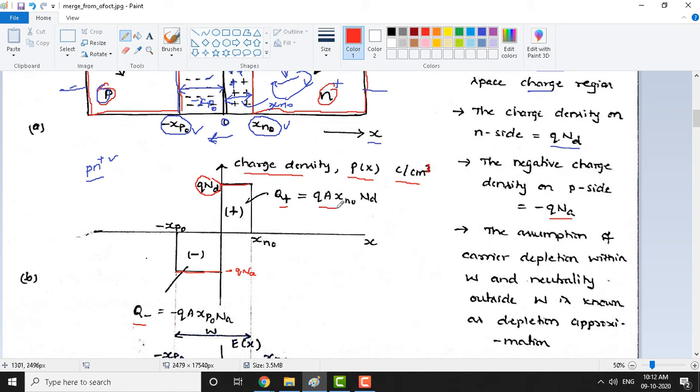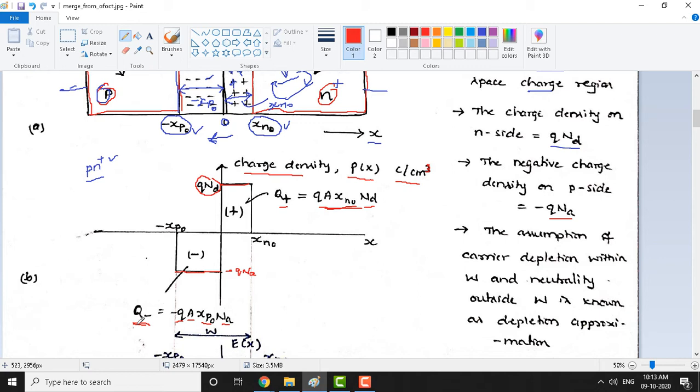It is q times the area, that is the distance xn naught, times Nd, where Nd is the donor ion concentration. Similarly, the total charge on the p side, Q minus, can be calculated the same way: minus q times xp naught times Na.